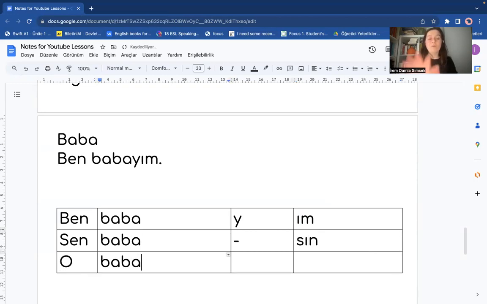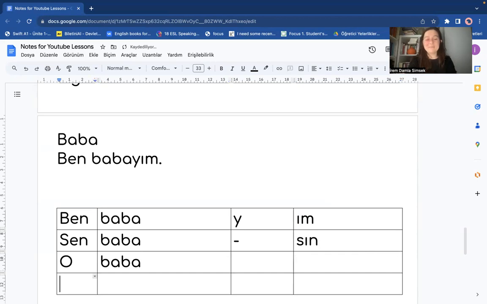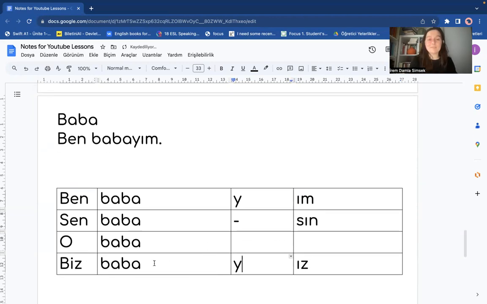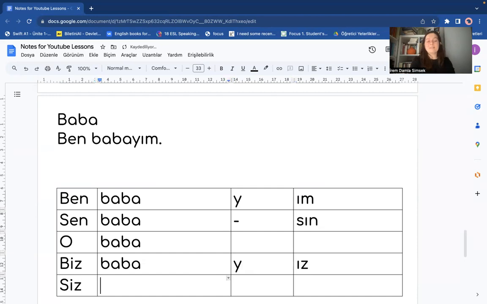My favorite, "o baba," we need nothing else. "Biz baba." Normally, the suffix works like this, but we cannot say two vowels, so I need an assistant here. "Biz babayız." "Siz babasınız," come again.